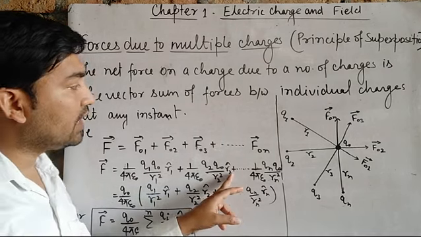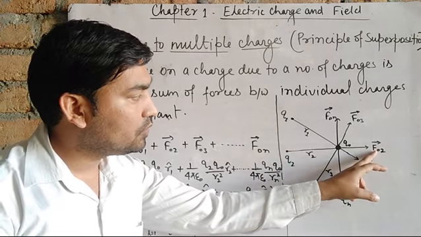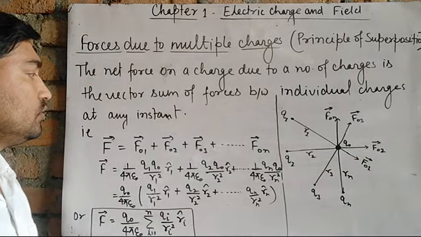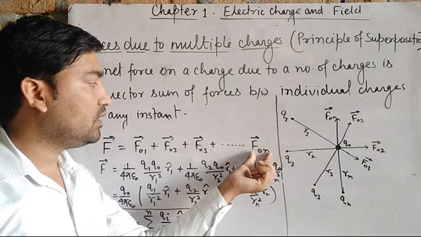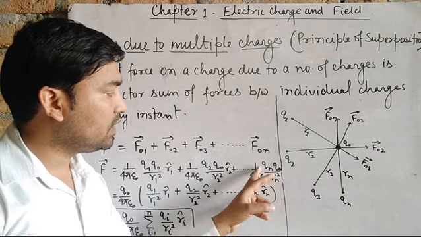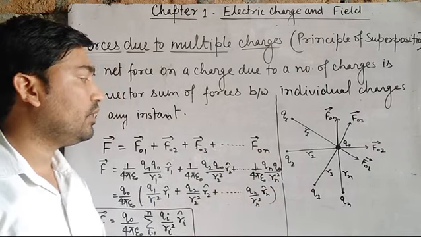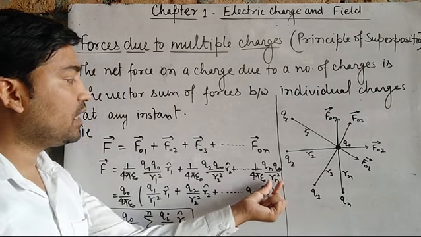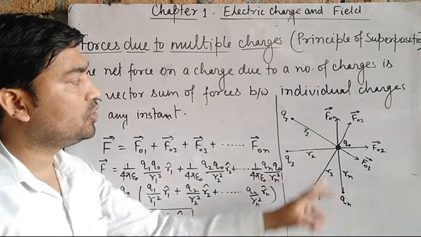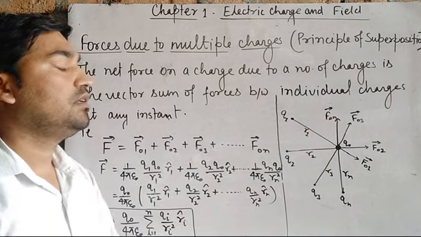This R2 cap represents the direction of the force F02. And finally the nth force is written as 1 upon 4 pi epsilon naught Qn Q0 upon Rn square, and its direction is represented by Rn cap.